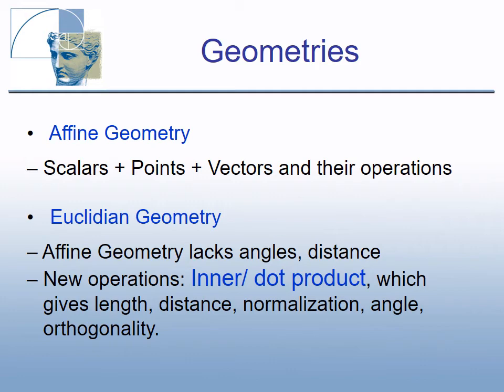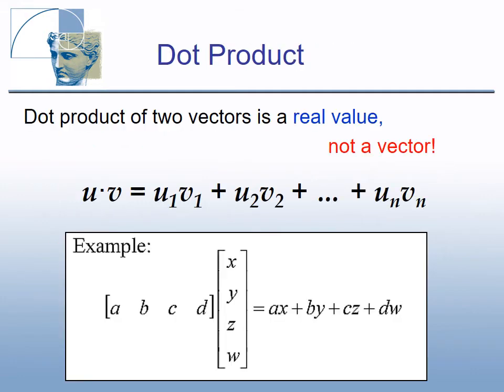To extend the affine geometry, we need a new operation, inner or dot product, which gives length, distance, normalization, angles, and orthogonality. So, I think you remember what dot product is, but I'll recall. Dot product of two vectors is a real value, not a vector, yeah?